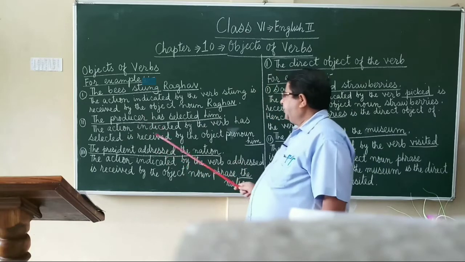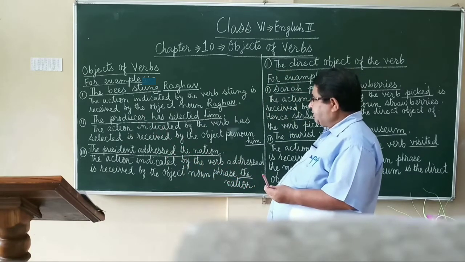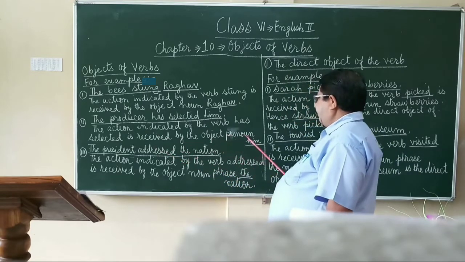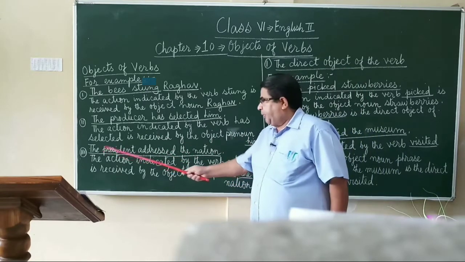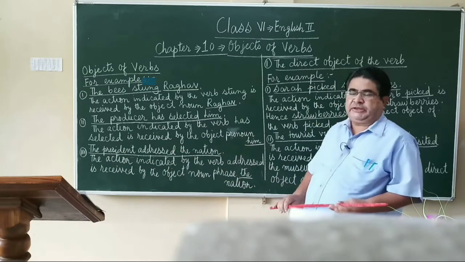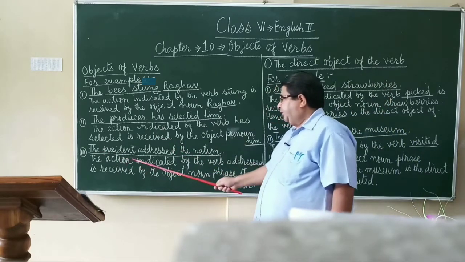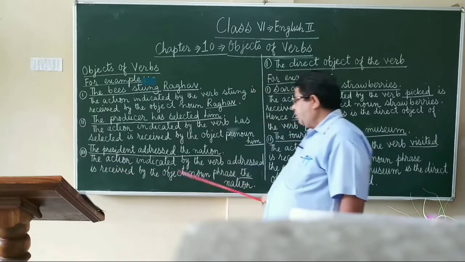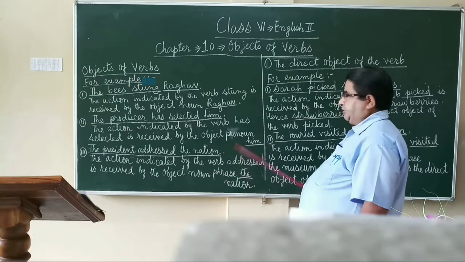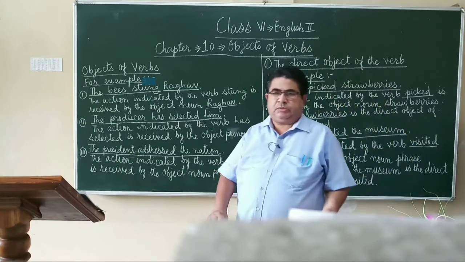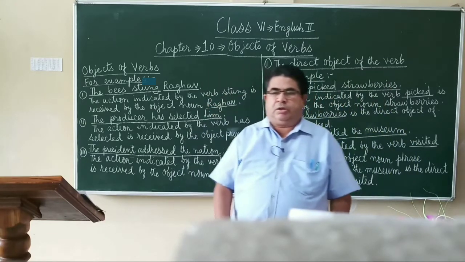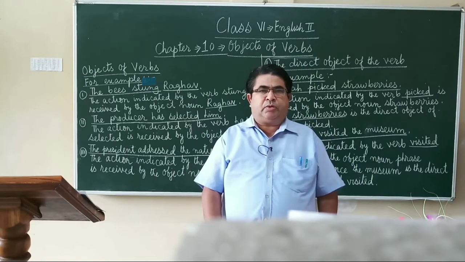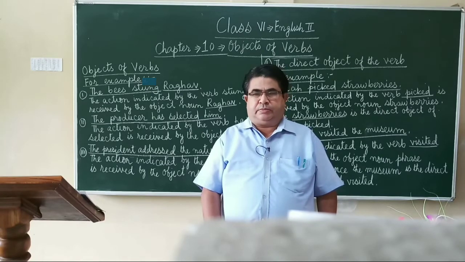The action indicated by the verb has selected is received by the object pronoun him. The president addressed the nation. The third example, the action indicated by the verb addressed is received by the object noun phrase the nation. I think you have understood about objects of verb.